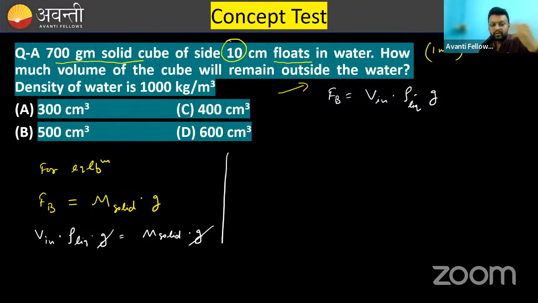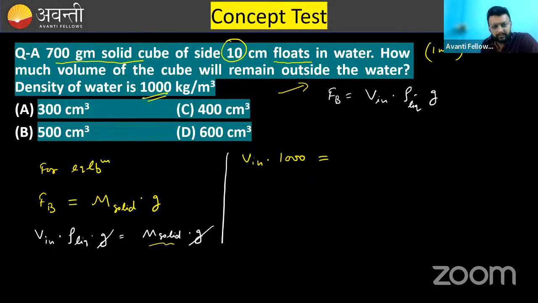If we calculate the volume inside, then outside can easily be calculated. Clear? So volume inside into density of liquid, which is given as 10 to the power 3 kg per meter cube, or you can say 1000 kg per meter cube, is equal to the mass of the solid.